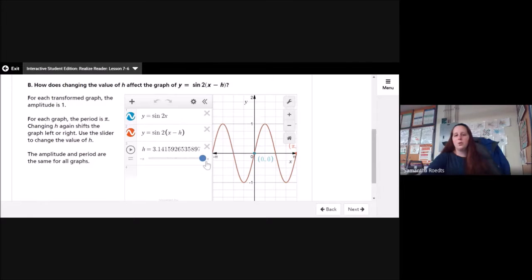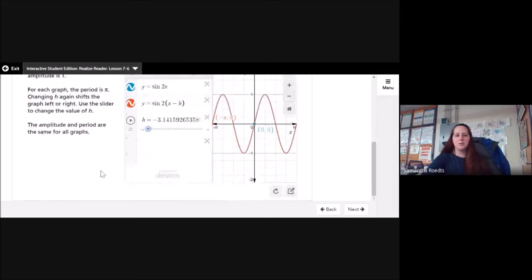Notice that again, it will go back to that original starting position. So if I shift it over 3.14 or pi, notice it matches up again because my period is pi. So at 0, which is where it would normally start, or at pi, they're right over top of each other.